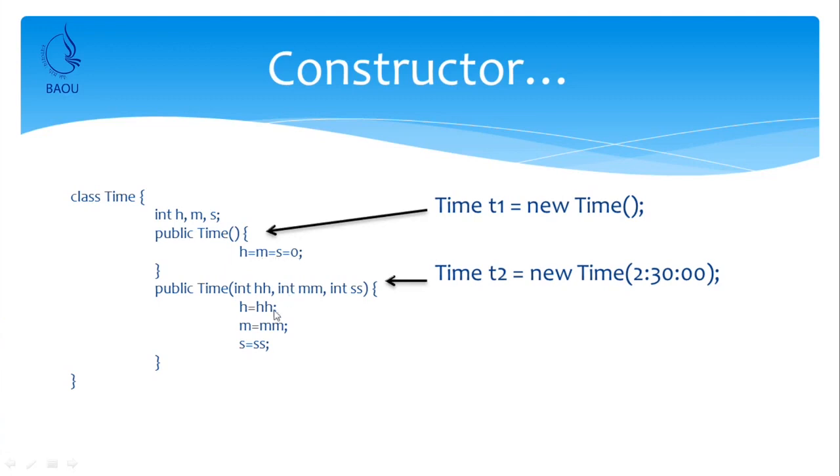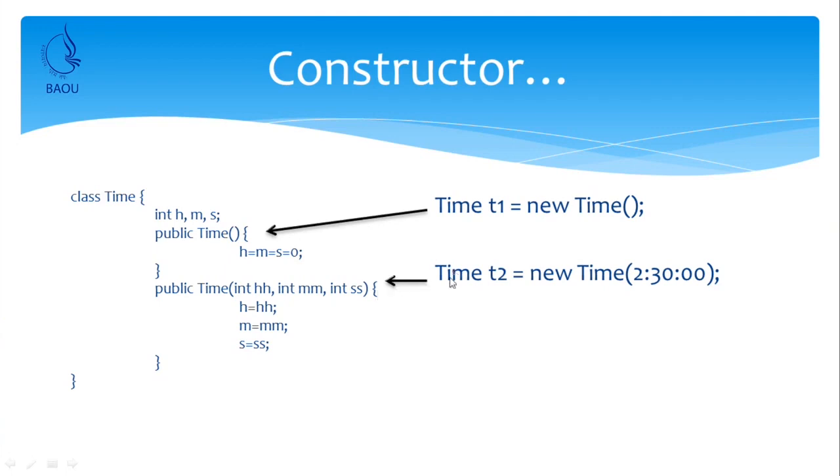Now, we write down another constructor to initialize all 3 variables to different values specified by the user. So, here Time is the class name. So, it represents a constructor, it is public and it takes 3 arguments h, mm and ss of type integer which match our instance variable types, and it initializes h to the first argument, m to the second argument and s to the third argument.